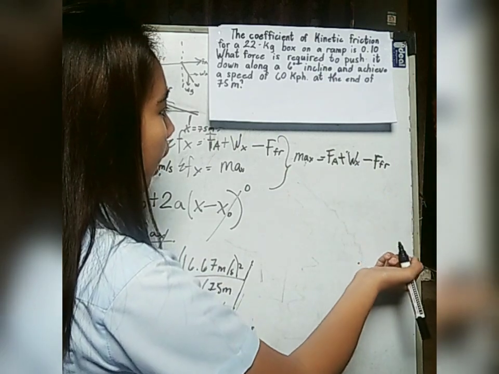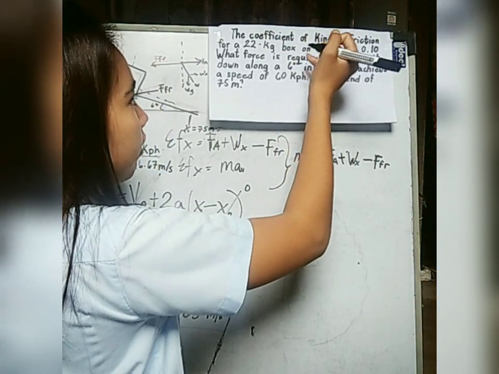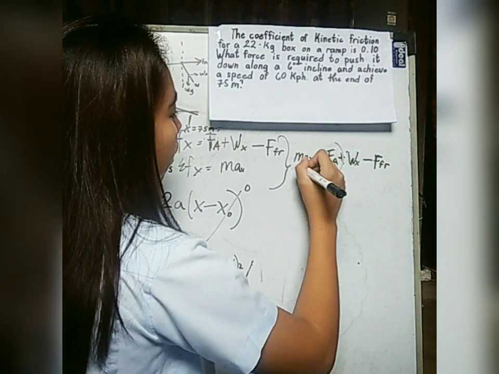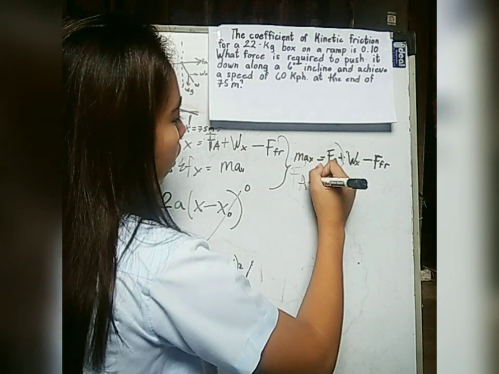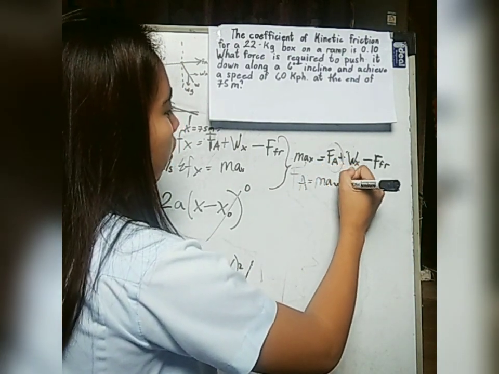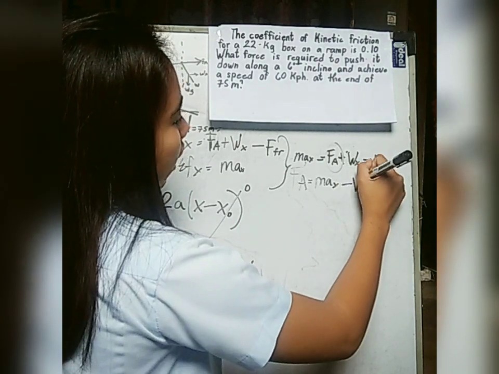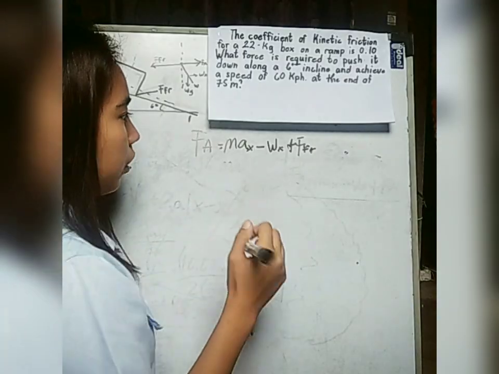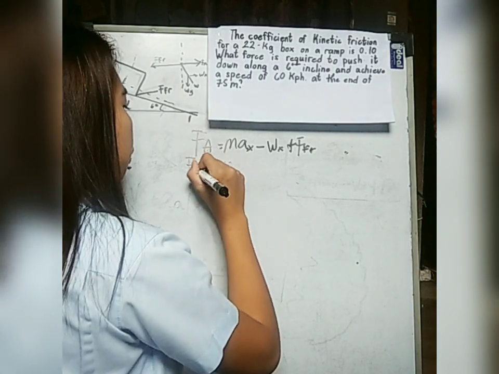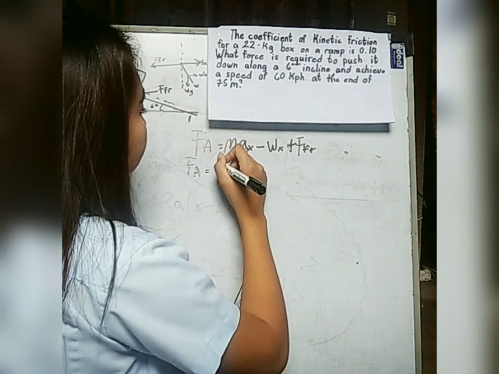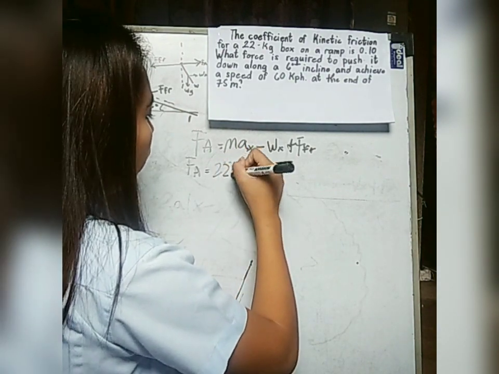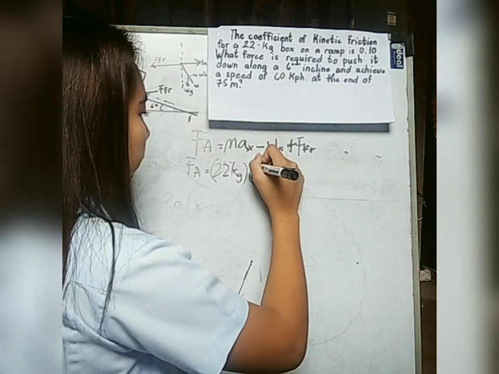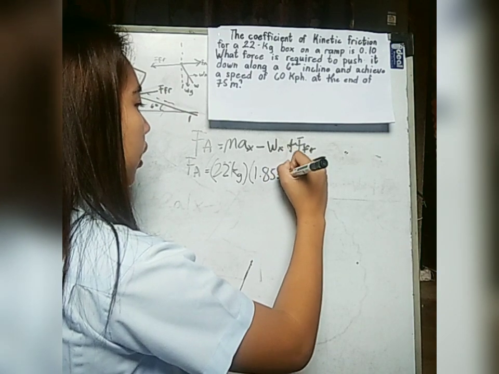So, ang hinahanap natin in this problem is what force is required. So, FA, or force applied yung hinahanap natin. Force applied is equals to MAX minus weight X plus friction. So now, sa-substitute lang natin. So mass natin is 22 kilogram multiplied by acceleration natin is 1.853 meter per second squared.